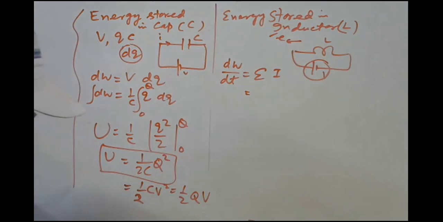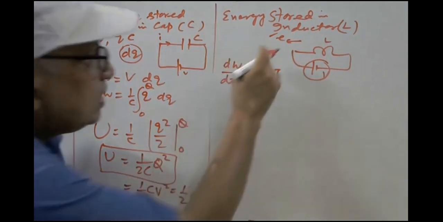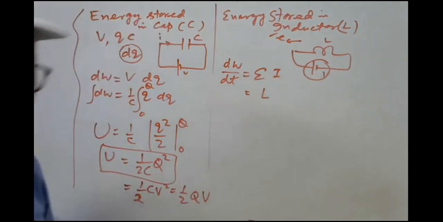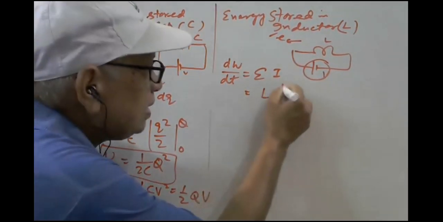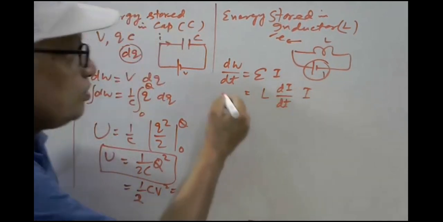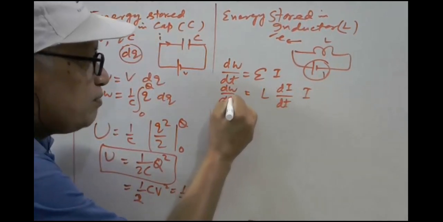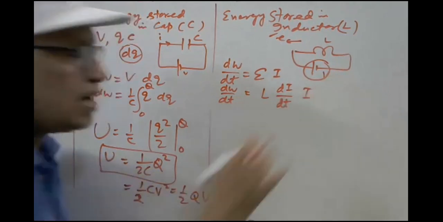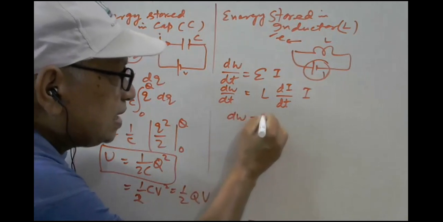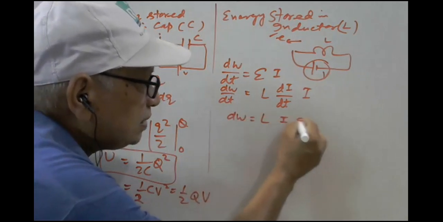We can write easily, E is L di by dt. We are taking the numerical value, L di by dt, that is the voltage here. So if you multiply this with dt, dt cancels out, and work done can be written as L I di.